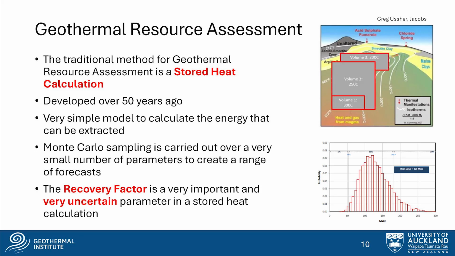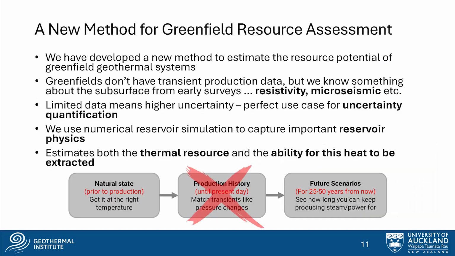This is 50-year-old technology. So the idea is that now that we can run reservoir models so quickly that we can run thousands of them, we can do this at the very earliest stage. As soon as you can draw a conceptual model or build a geological model for drill targeting, we can run reservoir models of it. And we can run thousands of them. And we can test all of them and see which ones match the data.